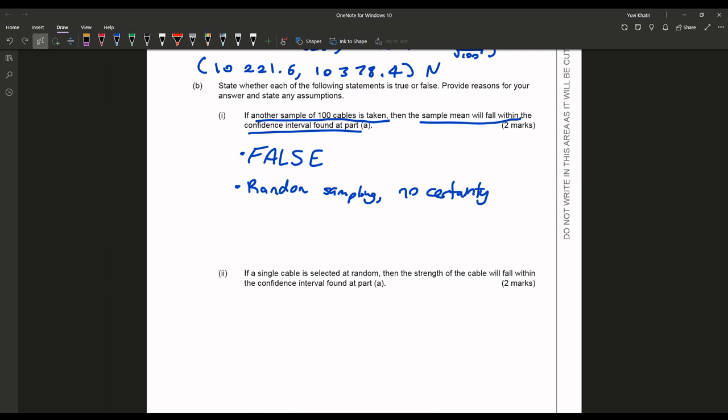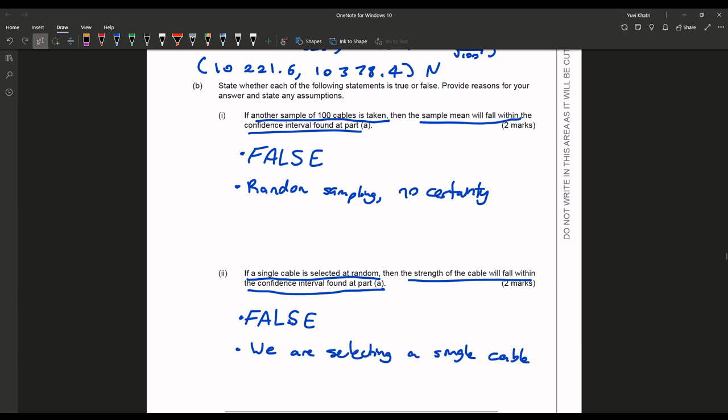Now part 2 says, if a single cable is selected at random, then the strength of the cable will fall within the confidence interval found at part A. Now this is false again, and that's because we're selecting a single cable. So that means that there's more variation in the distribution of single cables.